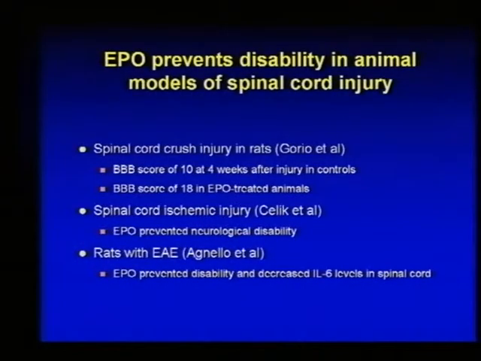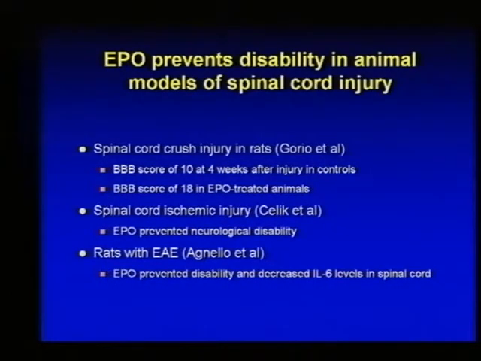Now, in addition to this data, there have been several other groups which have shown neuroprotection by EPO, and I'll just give you 3 lines of evidence by 3 different groups, all focusing on spinal cord injury.